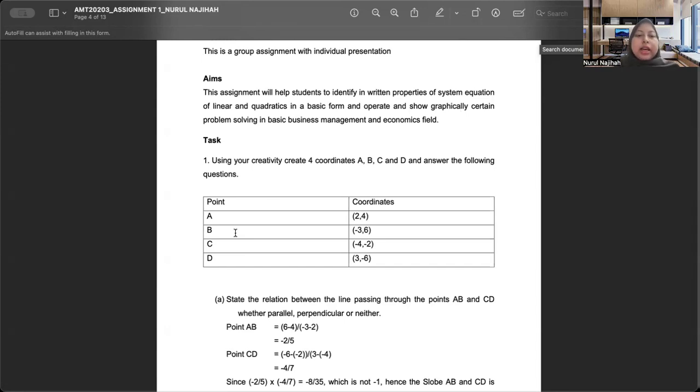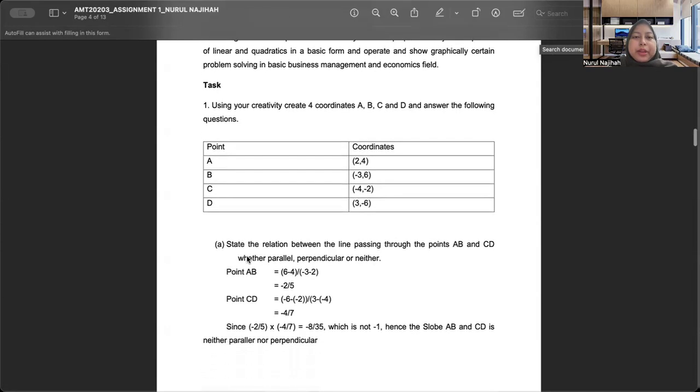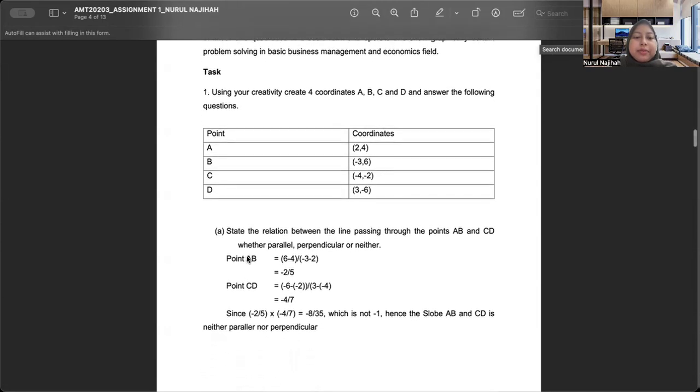Quadrant 3 is point C, where both x and y are negative. And point D is quadrant 4, our last coordinate, where x is positive and y is negative.